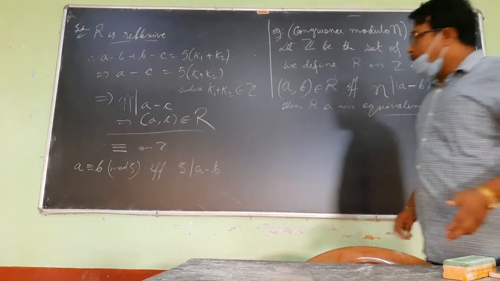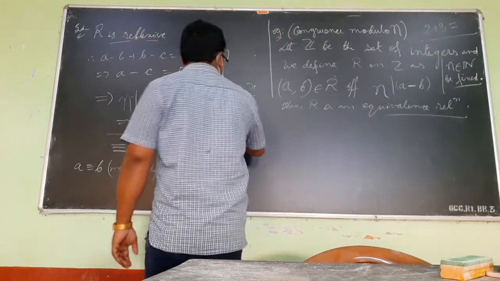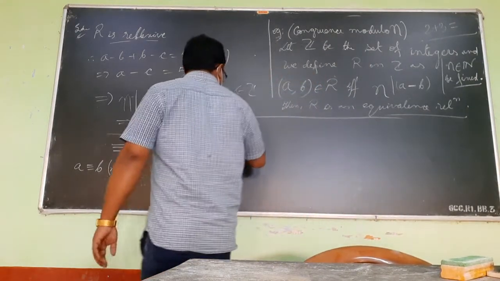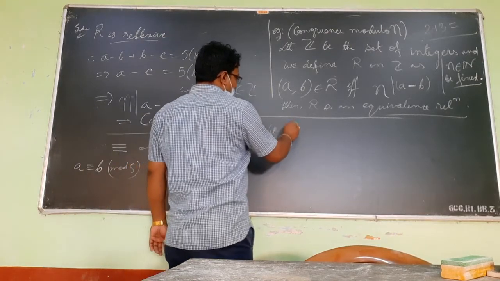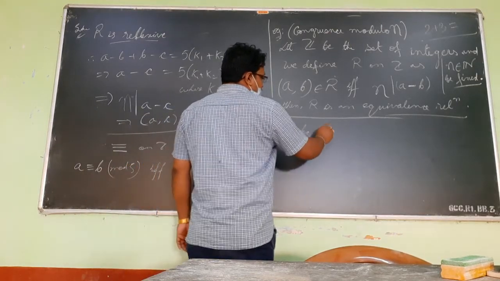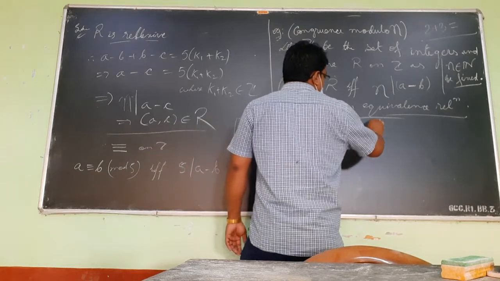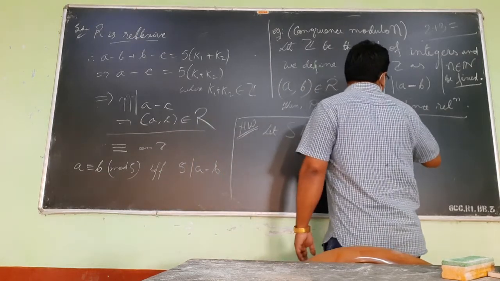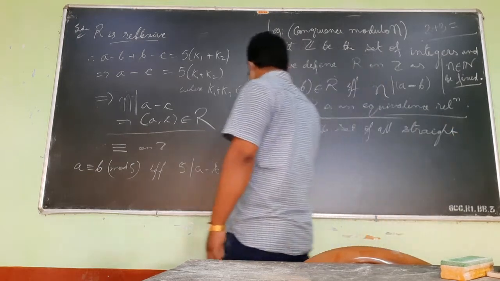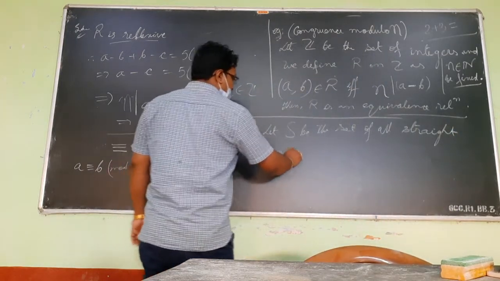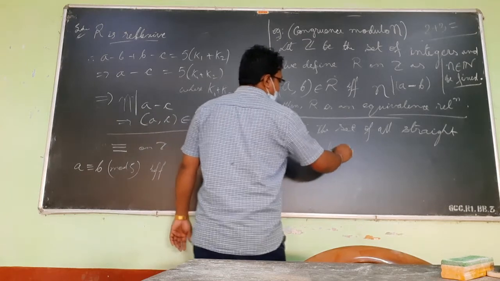So another example of an equivalence relation you can give. This also you try proving yourself. Let S be the set of all straight lines on a fixed plane.